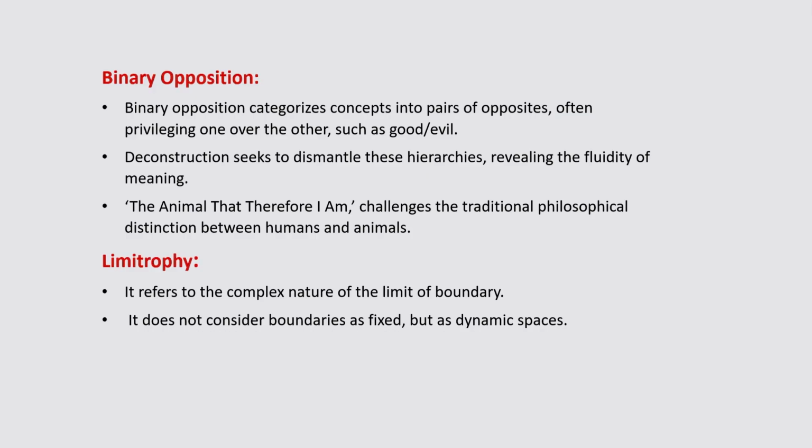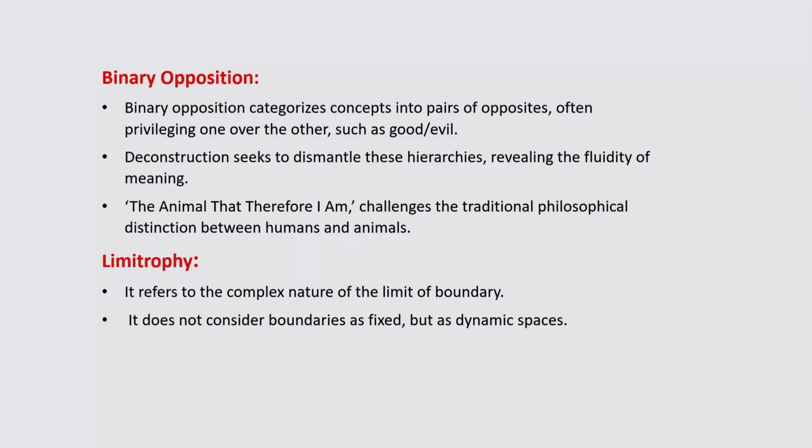We can understand it with an example. If we are creating a binary between man and animal, I'm now going to elaborate how the boundary can be fluid. So, starting from modern man, we have modern man, intelligent or intellectuals, tribal man, a man like the cartoon Mowgli, which was based on real incidents.